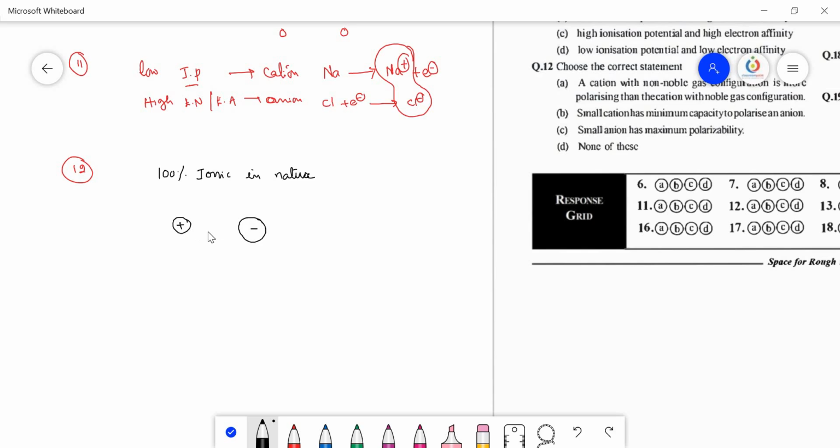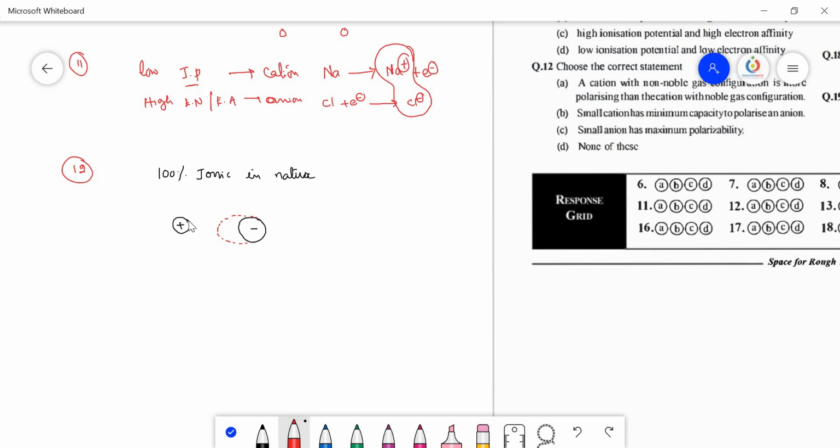When a cation approaches the negatively charged anion, this positively charged ion attracts the electronic cloud present on the anion towards its side. As a result, most of the electron density will come between the cation and anion. When the electron density is present between the two particles or atoms, such bonds are called covalent bonds.